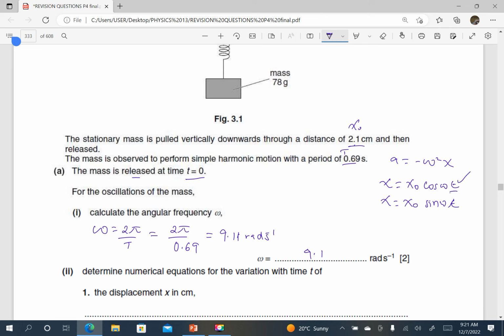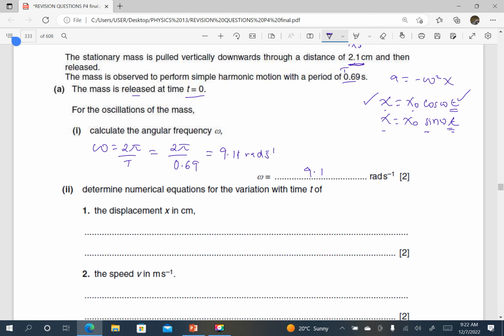When I put t equals 0 here, x will be x naught. Remember, timing is starting when the body is at maximum displacement. But at t equals 0 in the second equation, x is going to be 0. That would mean timing starts when the body is passing equilibrium. So the equation we need must be in the form x equals x naught cos omega t. We already have omega.